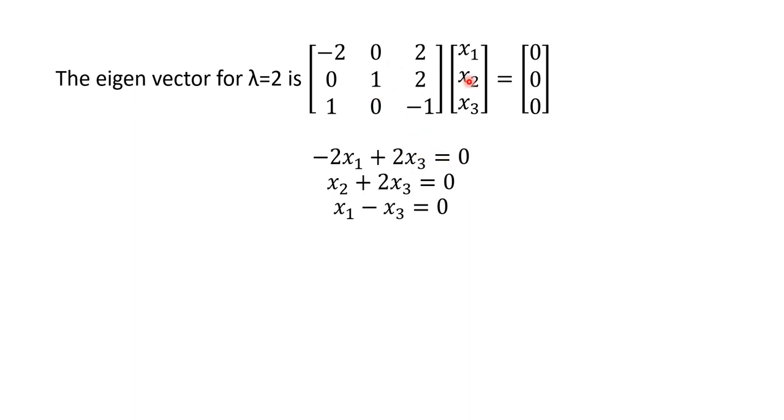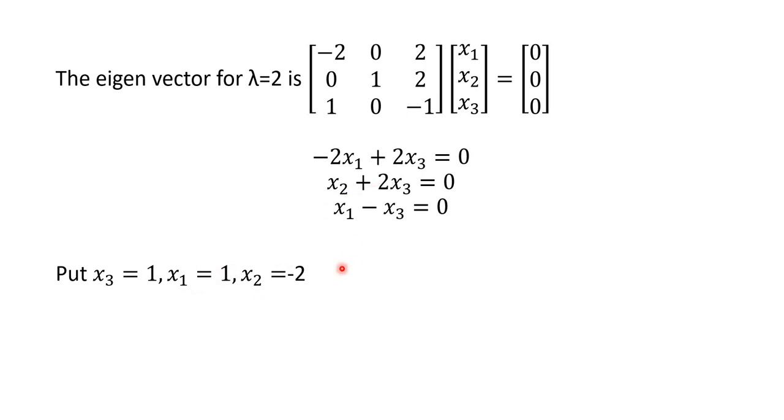So multiplying out, we have -2x1 plus 2x3 is equal to 0, x2 plus 2x3 is equal to 0, and the last equation is x1 minus x3 is equal to 0. The last equation is also the same as the first equation. So there are only two equations: x2 plus 2x3 is equal to 0 and x1 minus x3 is equal to 0.